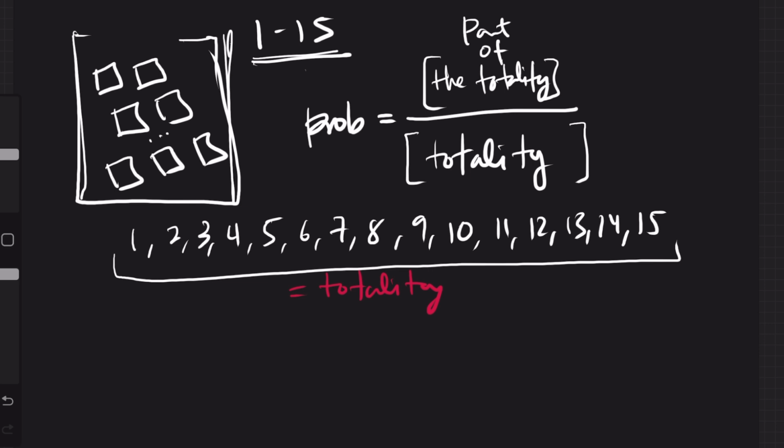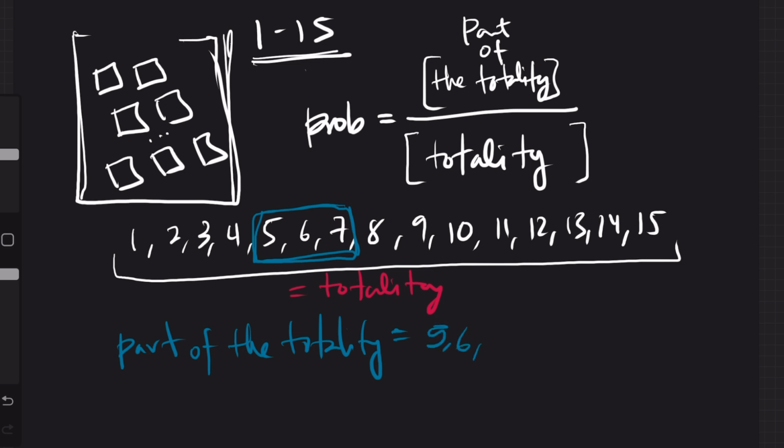But what happens if we decide to understand how often I would get, for example, this subset of numbers? What I call the part of the totality only means that the piece of paper would have either a 5, a 6, or a 7.